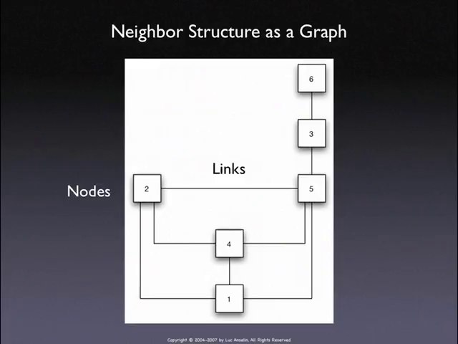The link in the network structure corresponds to the presence of a neighbor connection. So 1 and 2 in the previous slide had a common border. That common border becomes a link in the network structure. 1 and 4 have a link, 1 and 5 have a link.